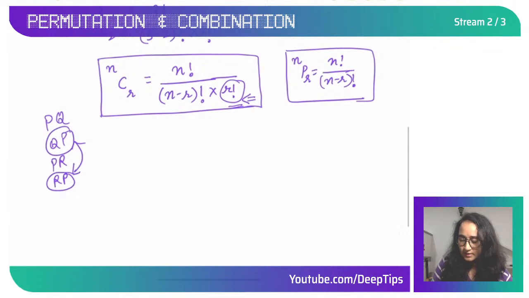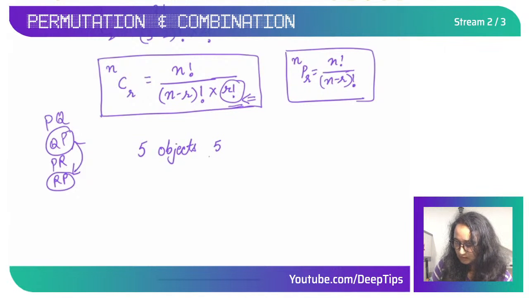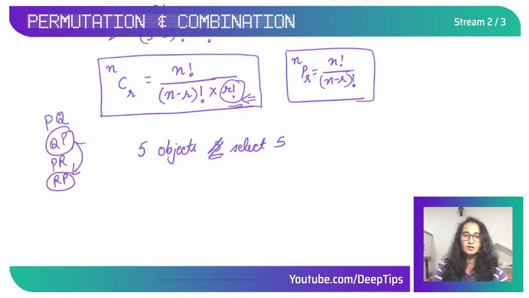If I say I have 5 objects and I want to select 5 objects, in how many ways can you select 5 objects when you have 5 in combination? That means you will select all of them together at one time, right?